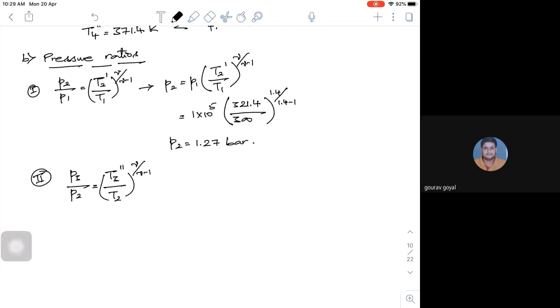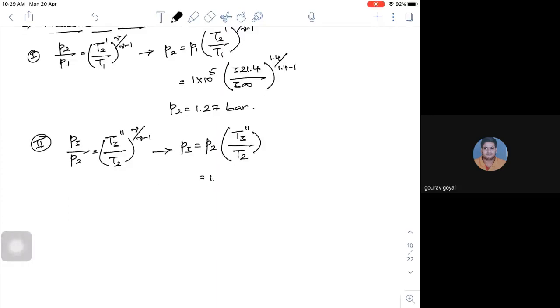Now here I know that just now I calculated P2. So the unknown is P3. I know T3 double dash, I know T2, so I'll substitute and get the value of P3. So P3 is equal to P2 into (T3 double dash divided by T2) to the power of gamma by gamma minus 1. If I substitute, this will be 1.27 bar. If I keep it in bar, I'll get the value in terms of bar.